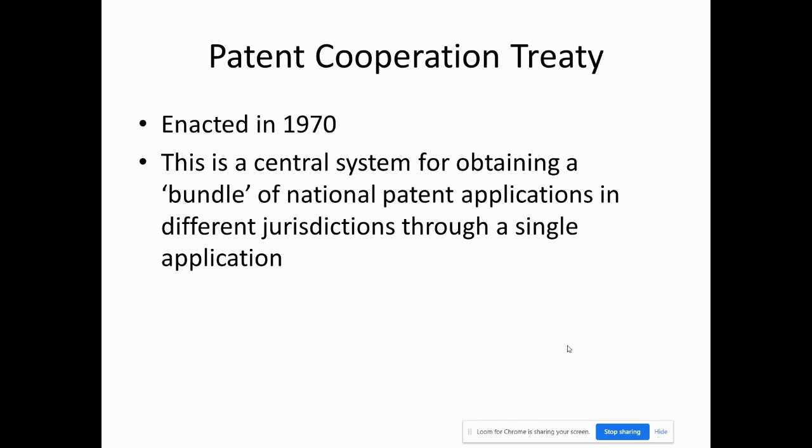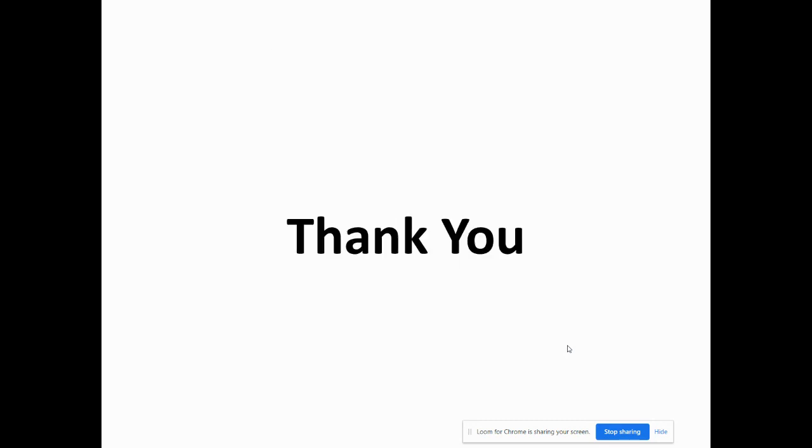This is a central system for obtaining a bundle of national patent applications in different jurisdictions through a single application. So you can file a patent under WIPO PCT, and your patent will be protected across all the member countries.